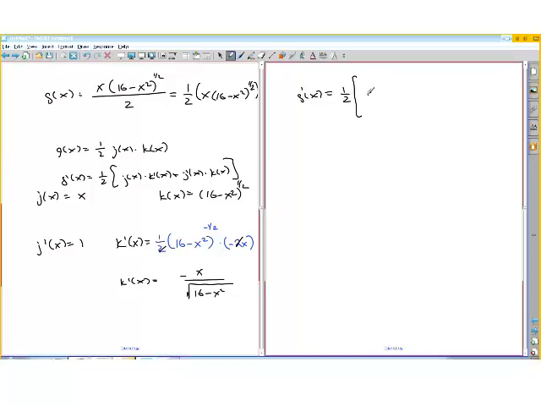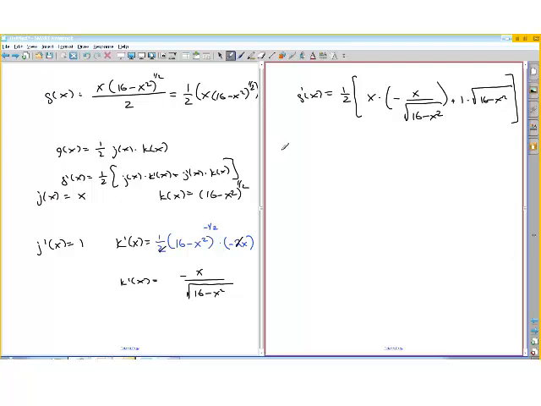We have j, which is x, times k prime of x, which is negative x divided by the square root of 16 minus x squared. That's this times that, plus j prime, which is 1, times k of x, which is the square root of 16 minus x squared. So that's g prime of x.